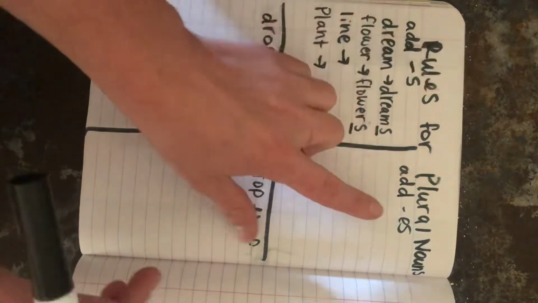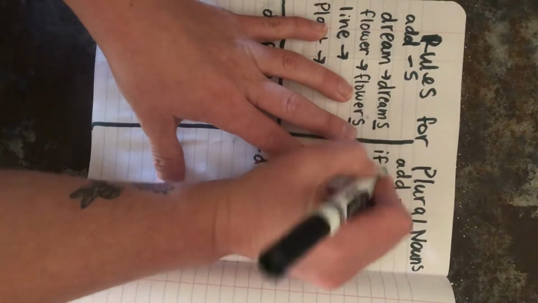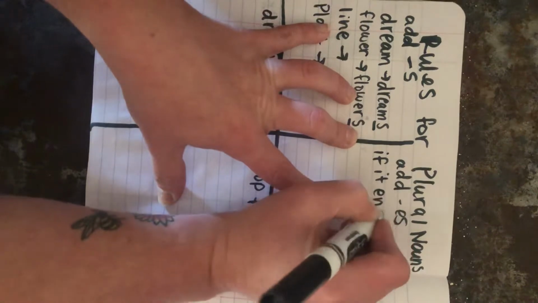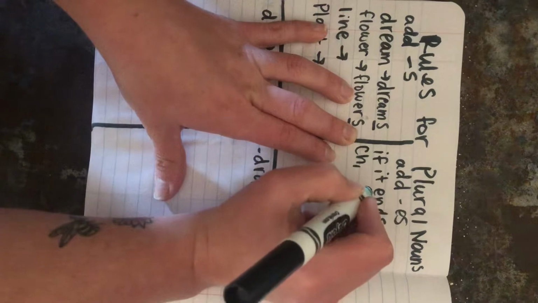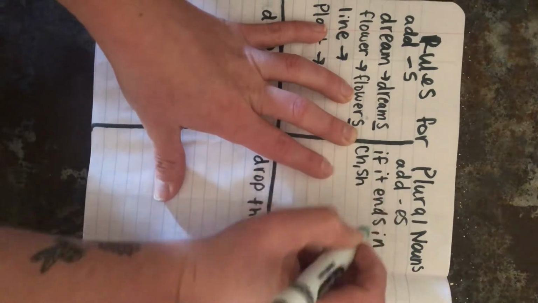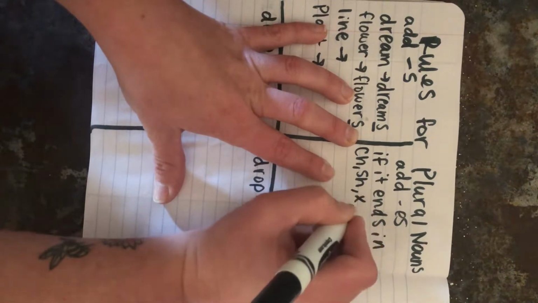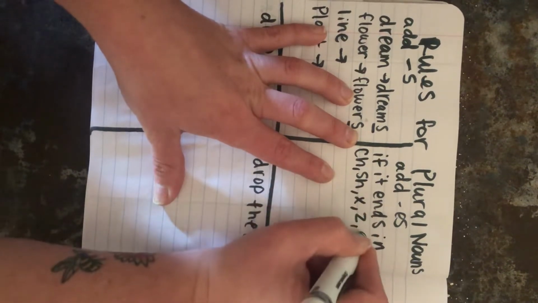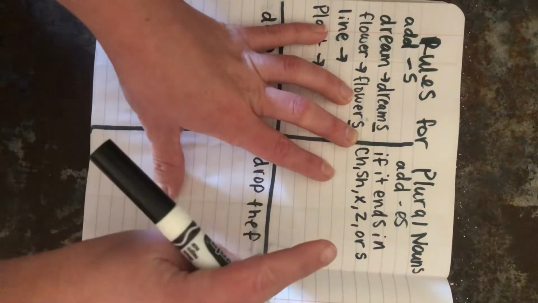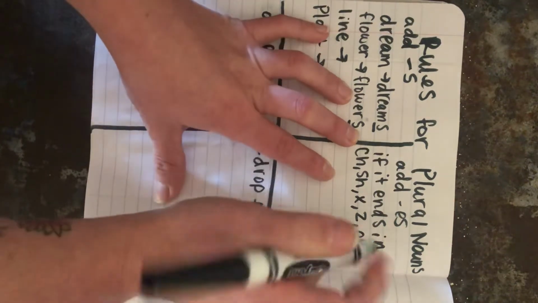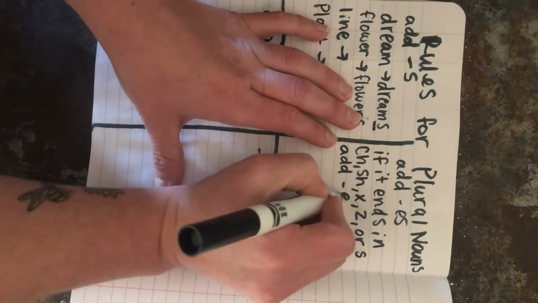Anyways, if you are adding ES, your word has to end in CH, SH, X, Z, or S. For example, chess ends in S, so you add ES.